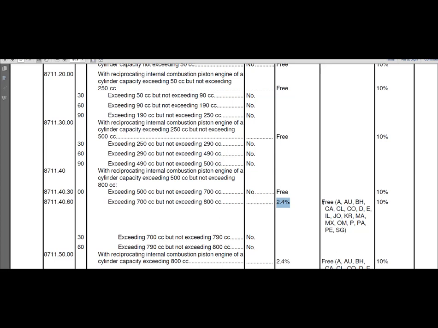However, there are some countries with which we have special trade agreements: Australia, Chile, Canada, Mexico. Canada and Mexico are covered by the North American Free Trade Agreement, and there are a couple of other countries like Chile that we also have free trade agreements with in this specific category. And still 10% for Cuba and North Korea.